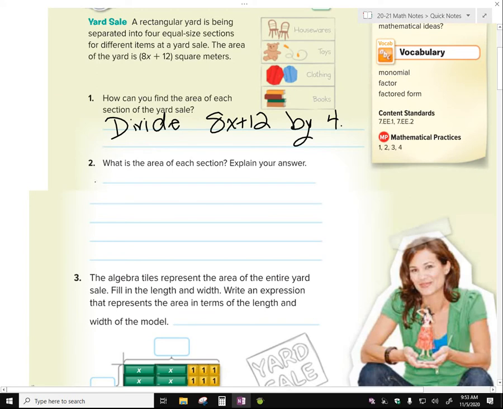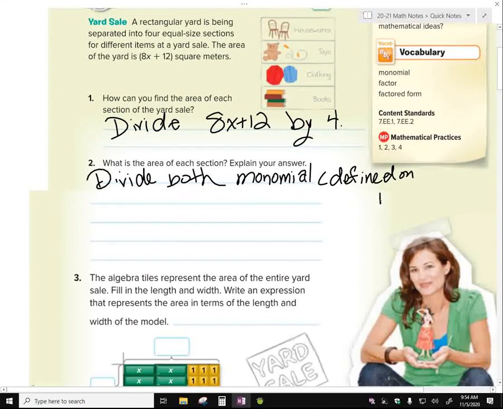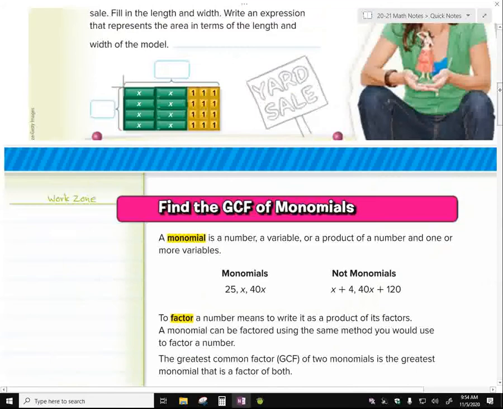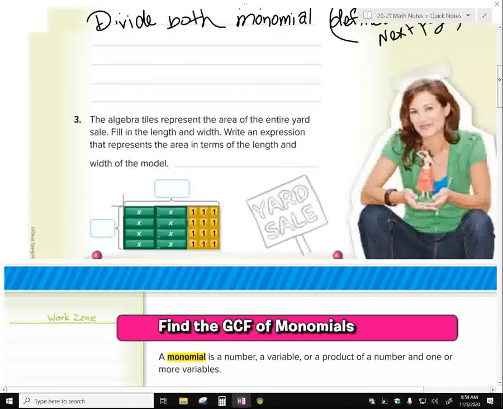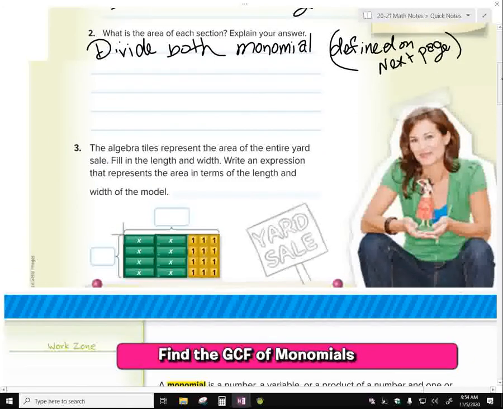So divide both. Monomial. Defined. We're going to find that on the next page. Divide each monomial by 4.